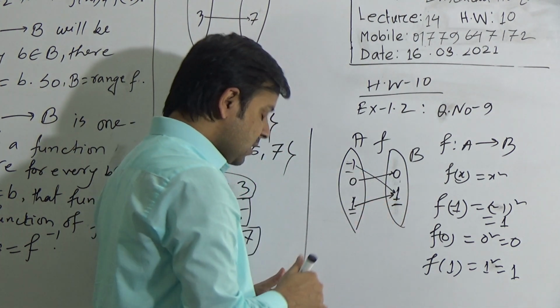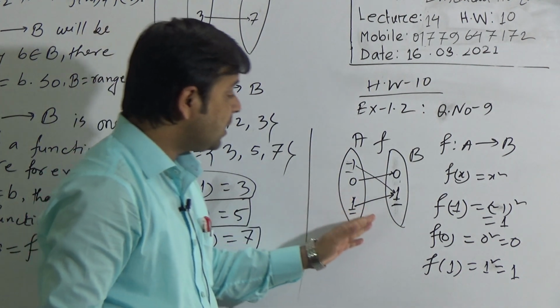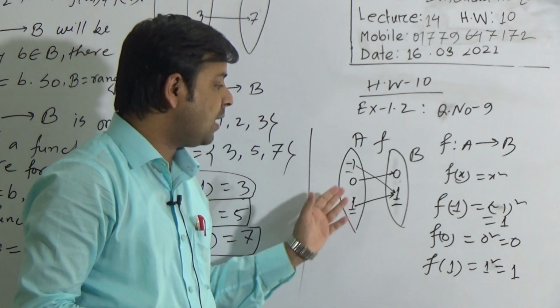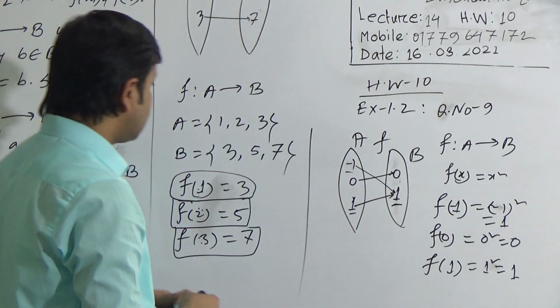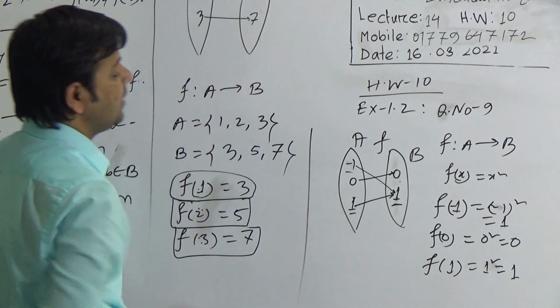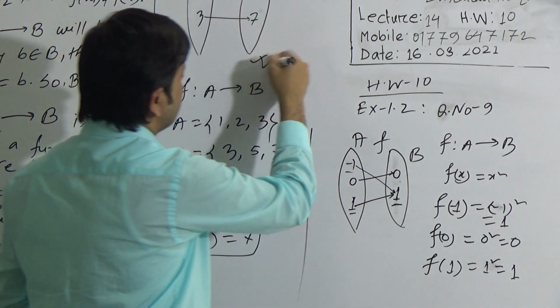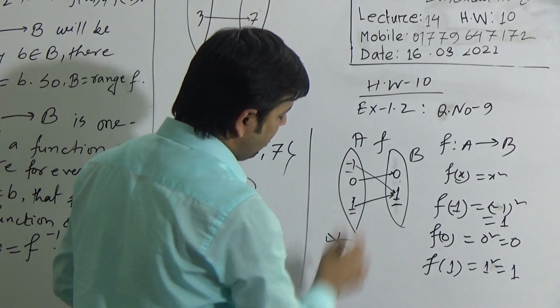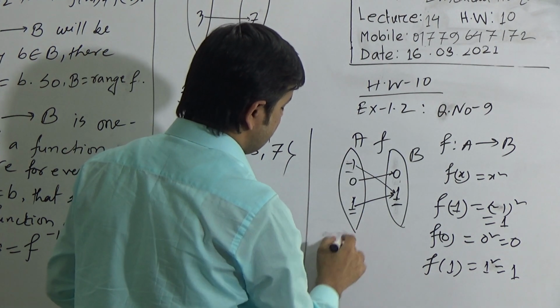In this case, we are not getting a distinct image for every distinct element of the domain. In the previous case, the images of distinct elements are distinct. So, that function is one-one and this is not a one-one function.